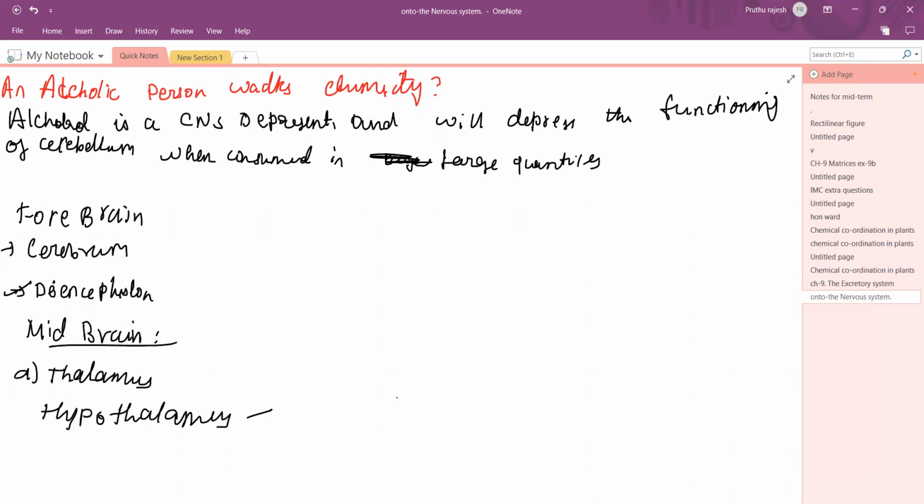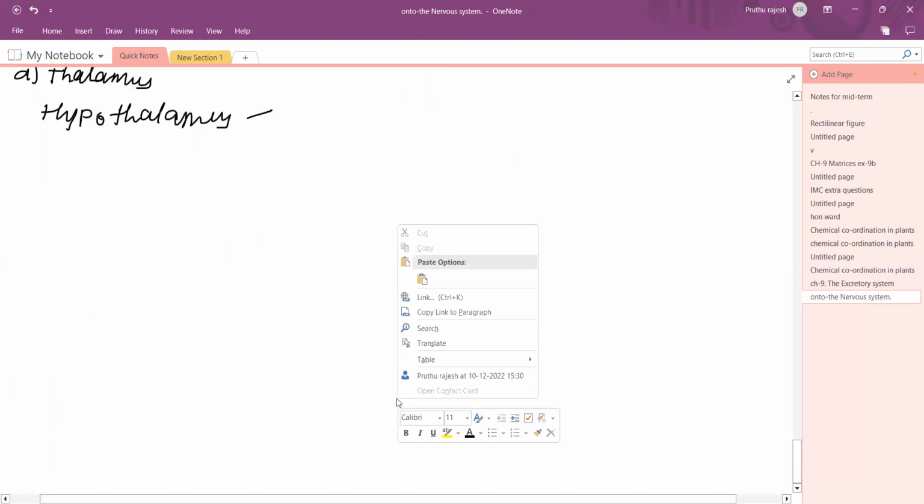Sorry, hypothalamus maintains the temperature of the body. So let us move on. Hindbrain consists of cerebellum and pons and medulla oblongata.